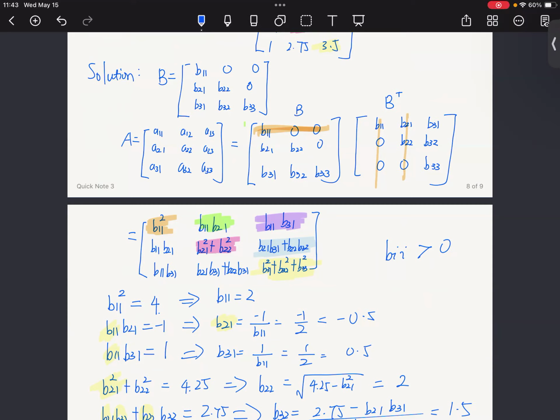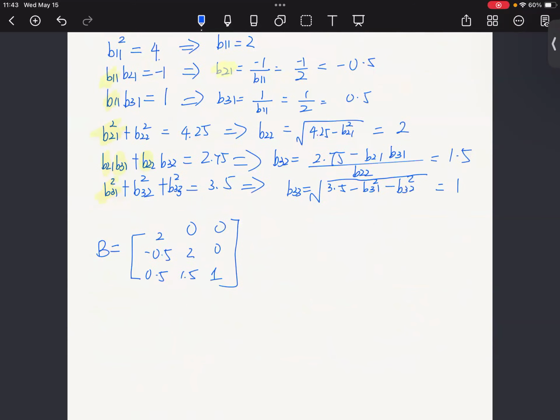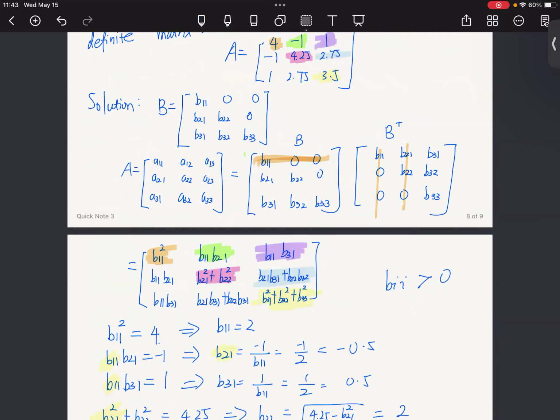Does it make sense? But now we have the general algorithm for this. If you have a bigger n by n matrix A and a bigger n by n matrix B, what is the formula for the B element?